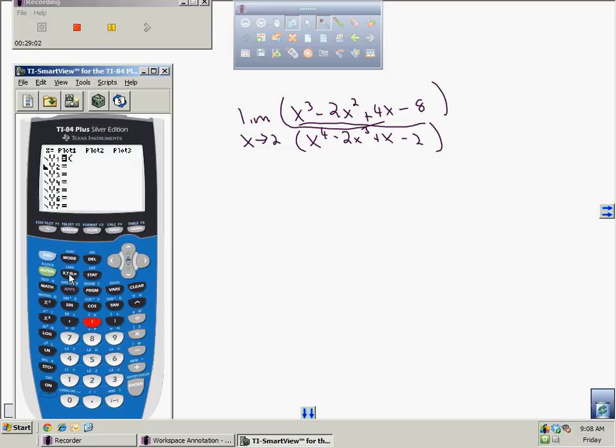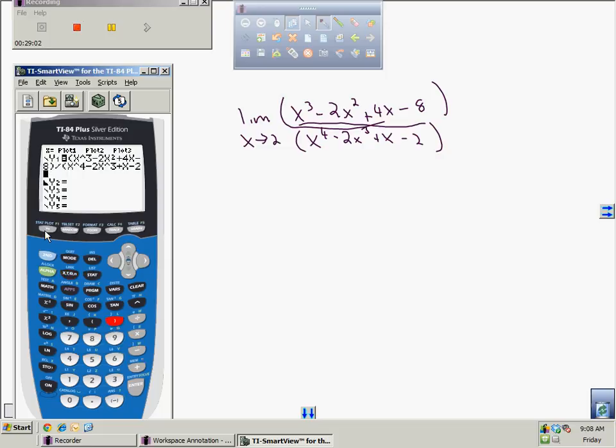So I'm going to go x to the 3rd minus 2x squared plus 4x minus 8 divided by, in parentheses, x to the 4th minus 2x to the 3rd plus x minus 2.